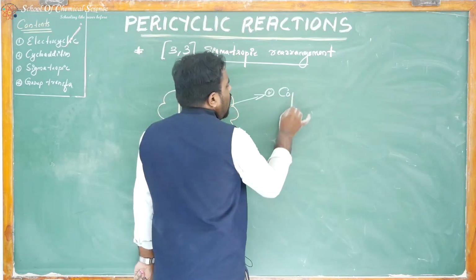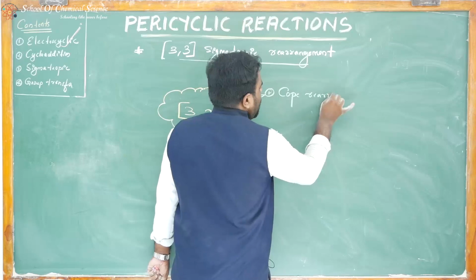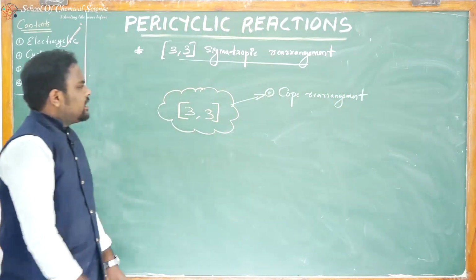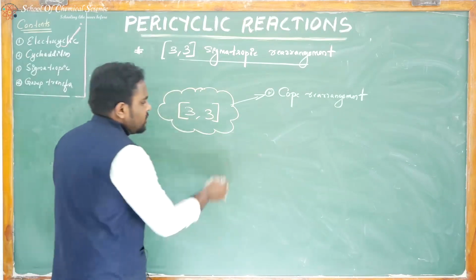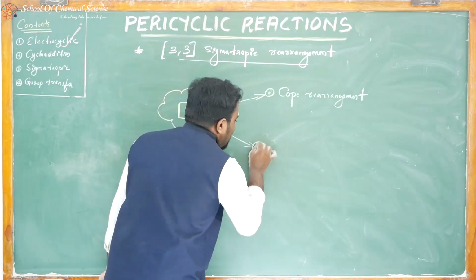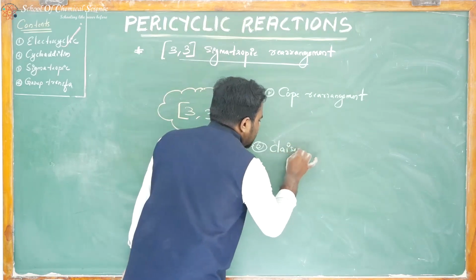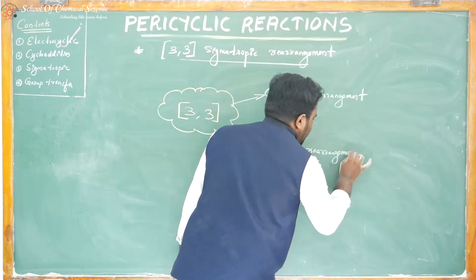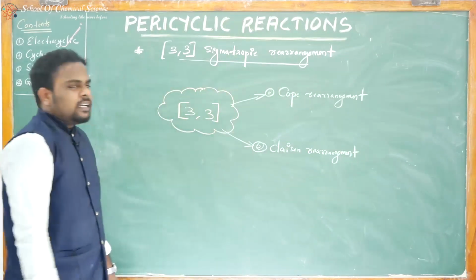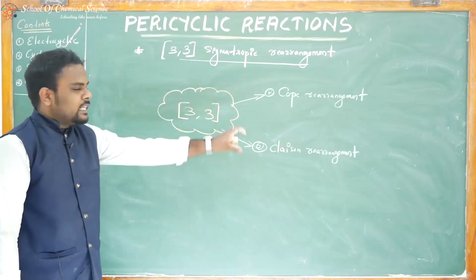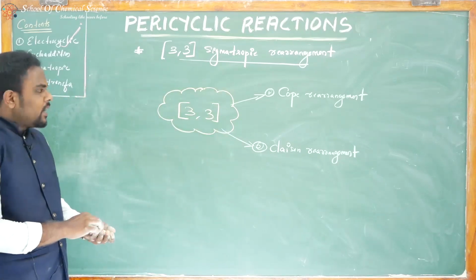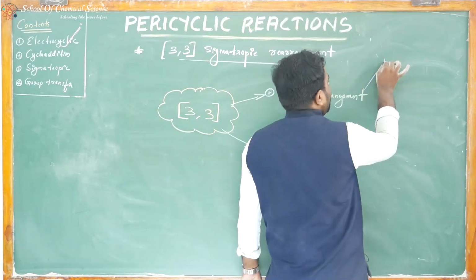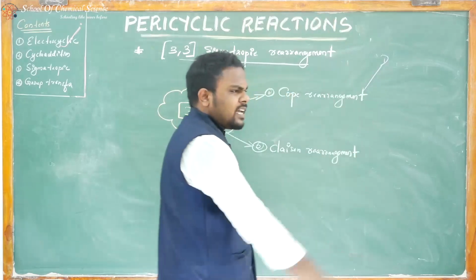First one, Cope rearrangement. A typical example of a 3,3 sigmatropic rearrangement is the Cope rearrangement. Another typical example is the Claisen rearrangement. Okay, this Cope rearrangement is again classified into four types. All these are important.